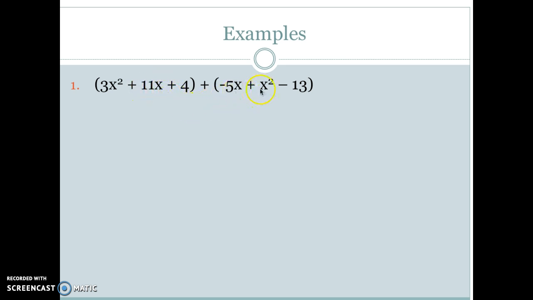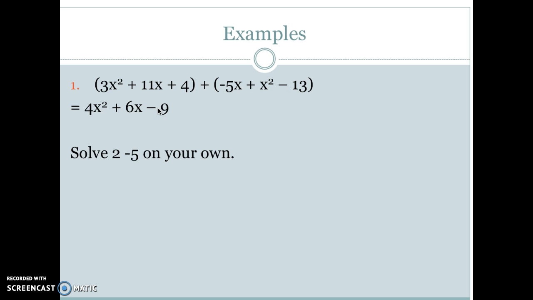If there's nothing I can combine within my parentheses, then I just drop those parentheses and start combining my like terms. Once I combine the 3x squared and the positive x squared, I get 4x squared. Then I have 11x and negative 5x, so 11x minus 5x equals 6x, and I have positive 4 and a negative 13. When combined, that equals negative 9.